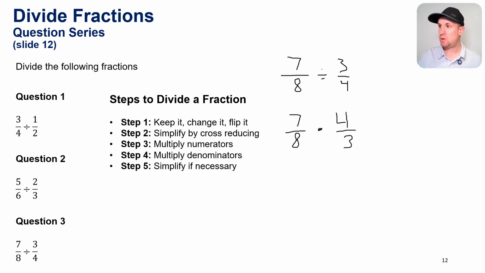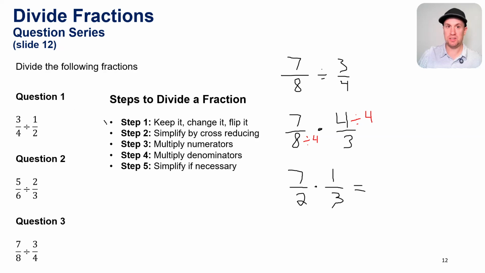Then we will cross-reduce. 7 and 3 cannot be cross-reduced. 4 and 8 can be. I can divide a 4 into the 4 and a 4 into the 8. So rewriting this, I now have 7, 8 divided by 4 is 2, times 4 divided by 4 is 1, over 3 here, okay?